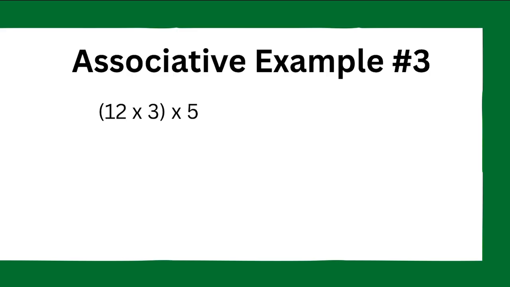So as long as you know that associative is essentially moving parentheses and distributive means you're giving that number on the outside to the numbers inside the parentheses, as long as you can differentiate between those two, you should be fine. I do want to clear that up so students don't get confused or have a common misconception about these properties because they can be very similar to each other.